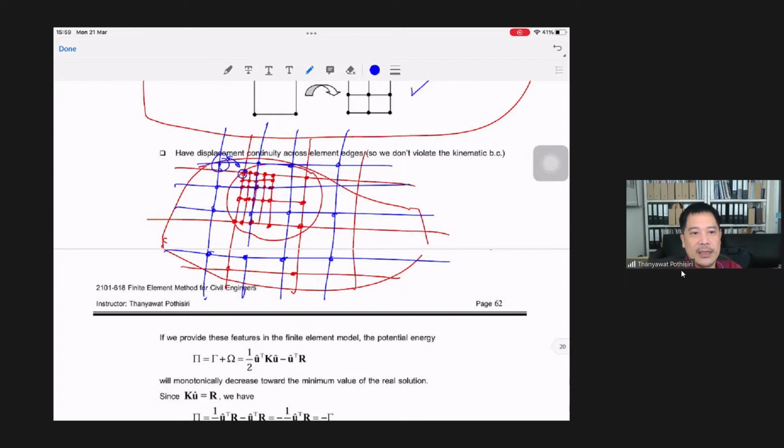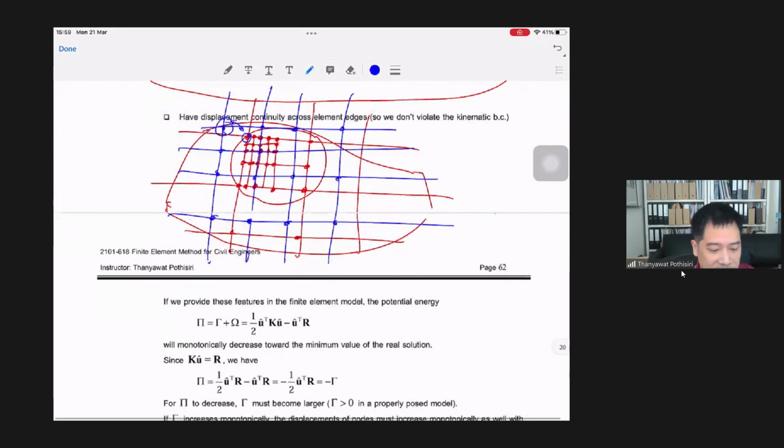So how do we know that the potential energy is minimized? If you look at the equation of the potential energy, you see that the source of the potential energy within our body comes from two parts. The first part is called the strain energy. The second part is the work done through external loading.